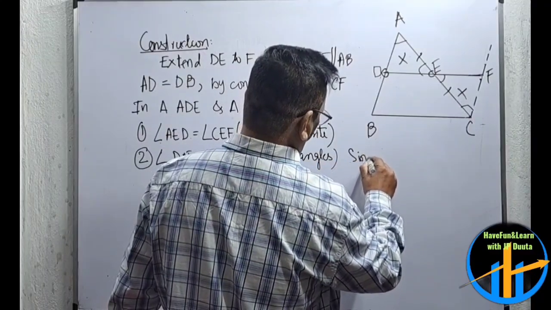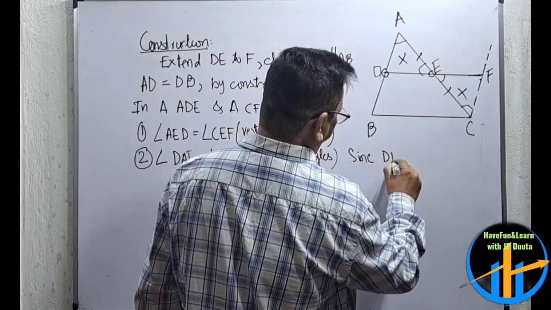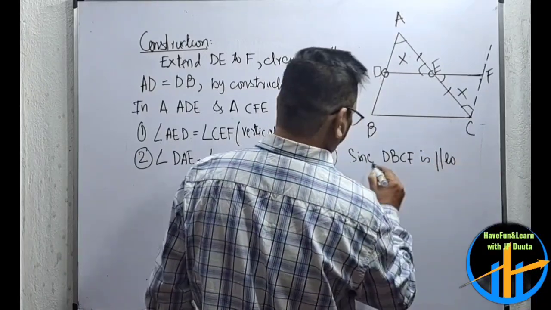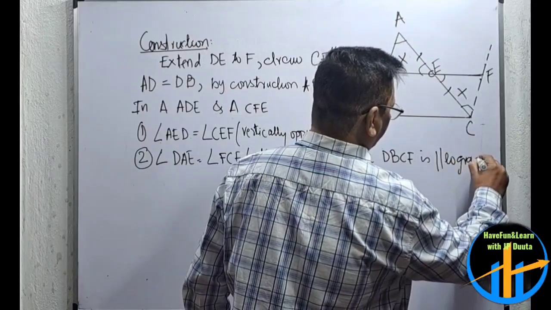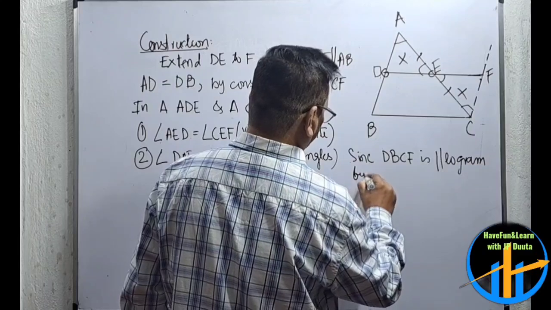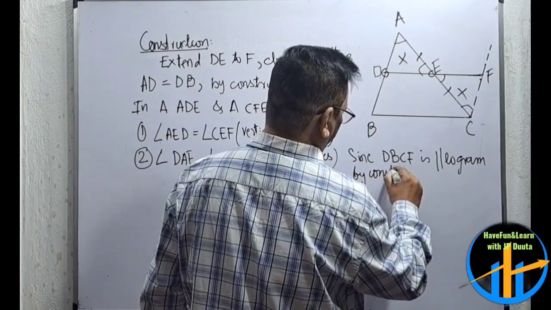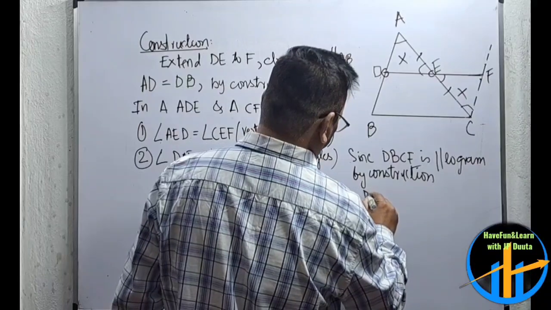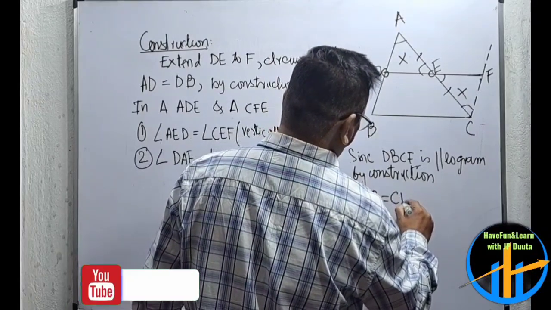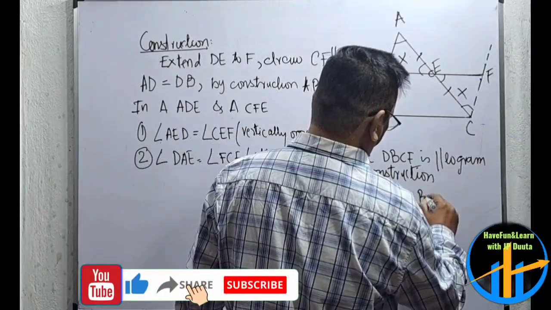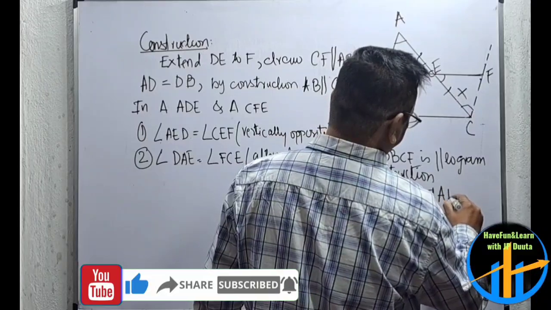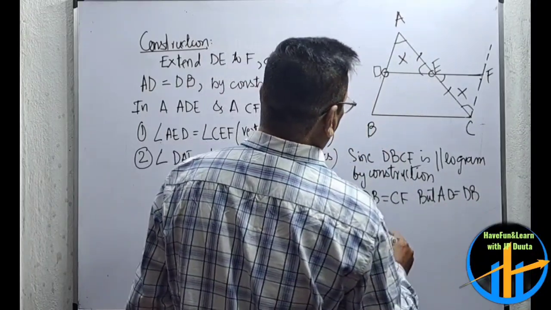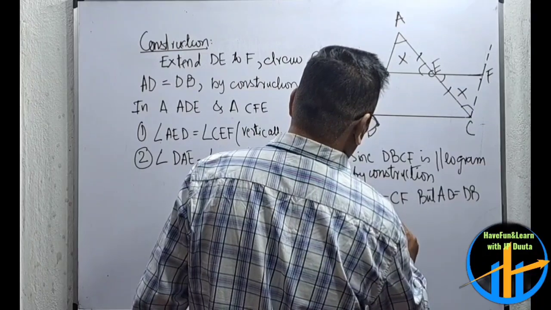Since DBCF is a parallelogram, by construction, DB is equal to CF, but AD is equal to DB. Therefore, AD is equal to CF.